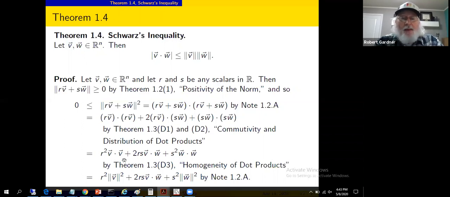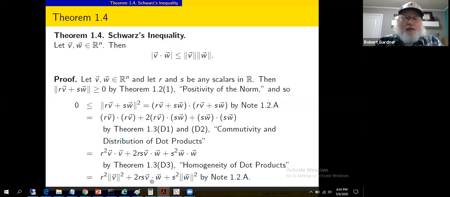Okay, let's use more properties of dot product. I guess they called it homogeneity of the dot product, where they move those scalars out, get the scalars together. All right. Hey, here we've got v dot v, so we get a norm v squared here. w dot w, so we get a norm w squared here.